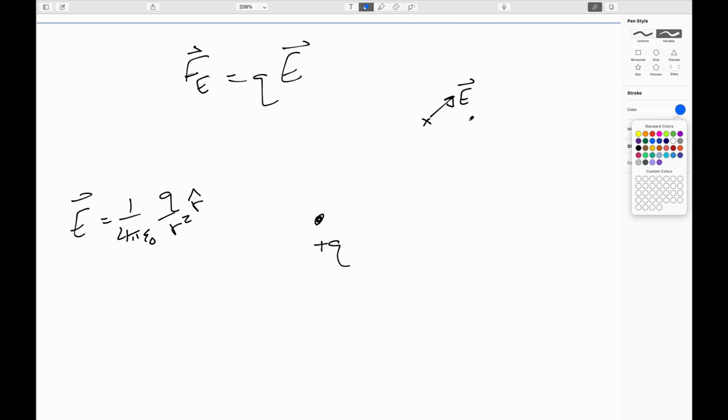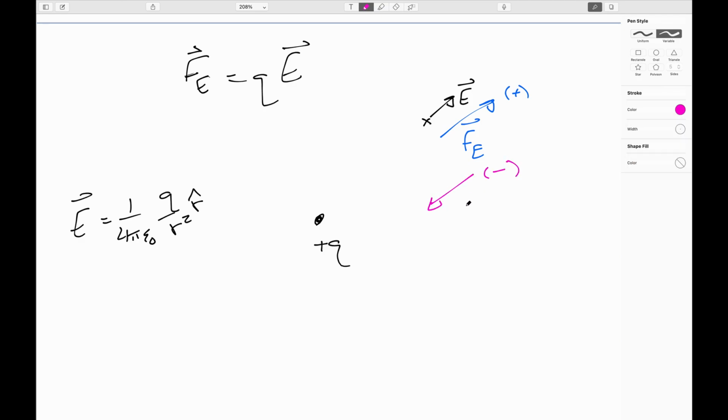If I were to place a positive charge at this location, it would feel an electric force at that location pointing away. But by the same token, if I were to place a negative charge at that location, it would feel an electric force pulling it towards.